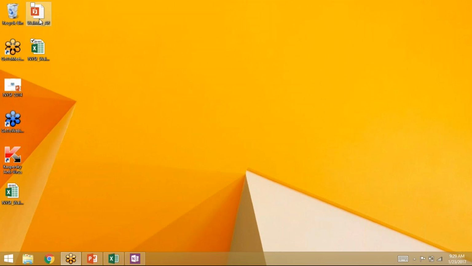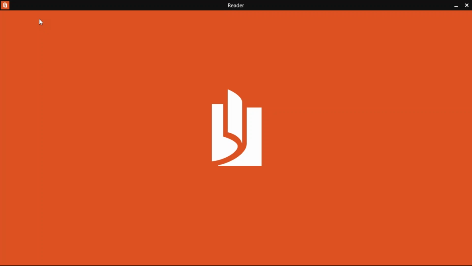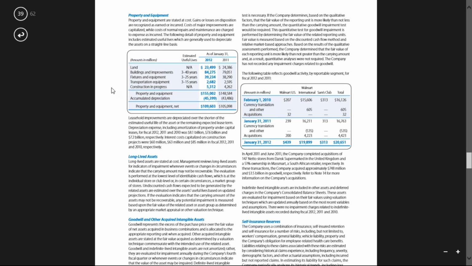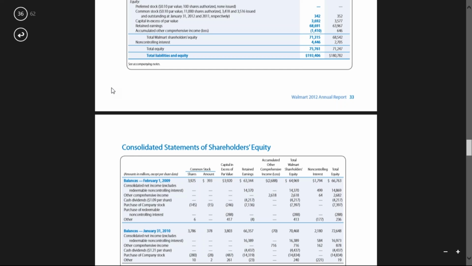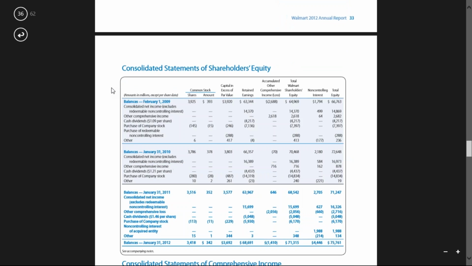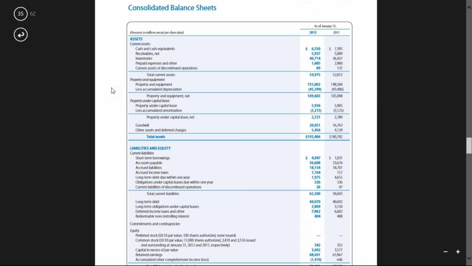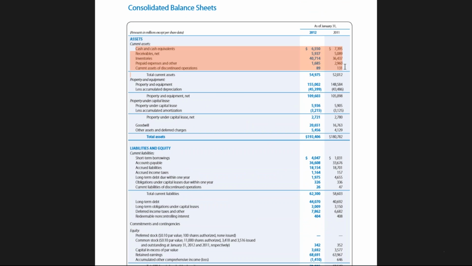So let's do that. We're going to go to the annual report, right to the balance sheet, and identify the current assets that are not related to cash.